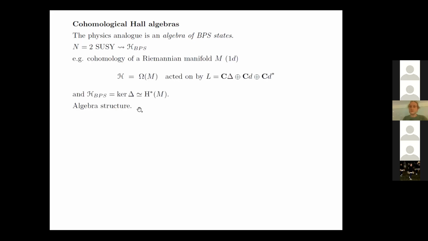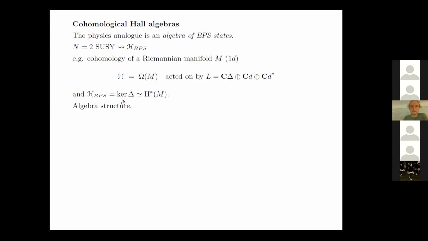I was wondering if it's 3D N equals 2, I don't think you will see any algebra of BPS states. What I've heard is that in the one-dimensional case, when you have the cohomology of a Riemannian manifold M, the underlying Hilbert space is differential forms, and then the Lie superalgebra is generated by the Laplacian, the exterior derivative and its adjoint. Maybe this is not the same notion of BPS state.